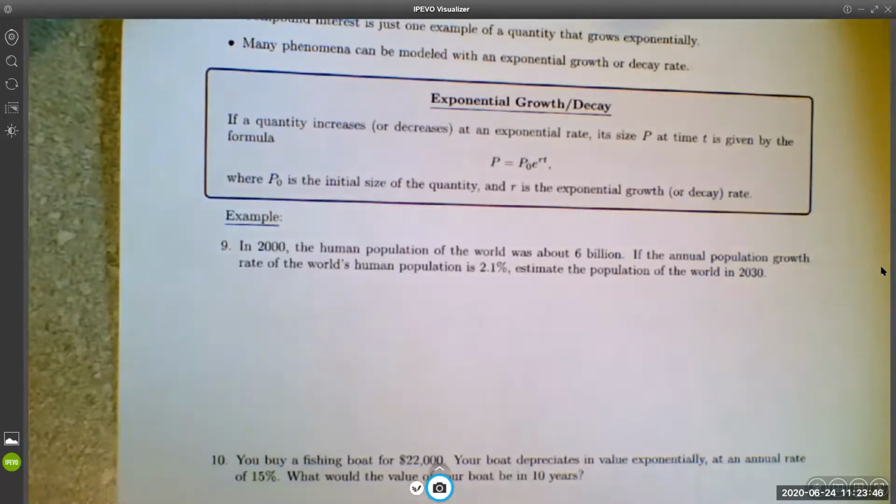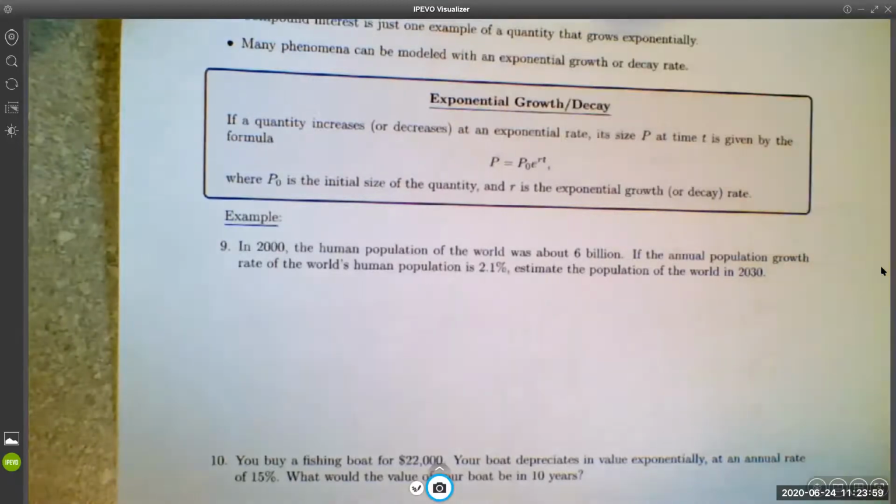The mathematical models for population growth and decay are a little more complicated than this, but at least initially, populations do grow exponentially.